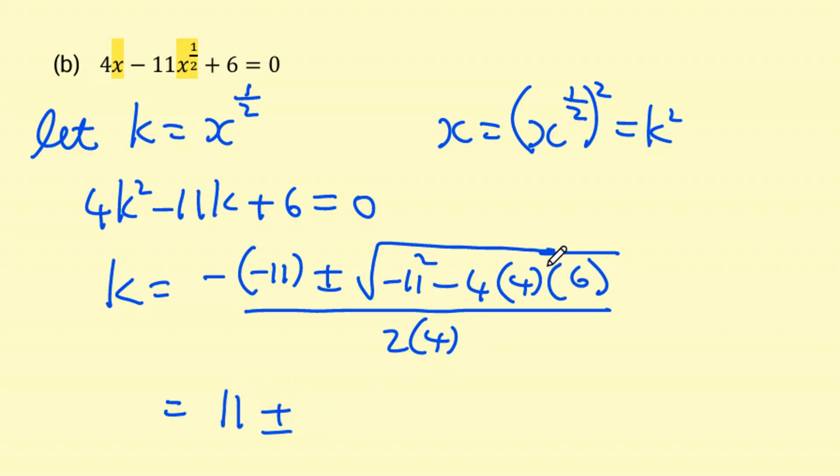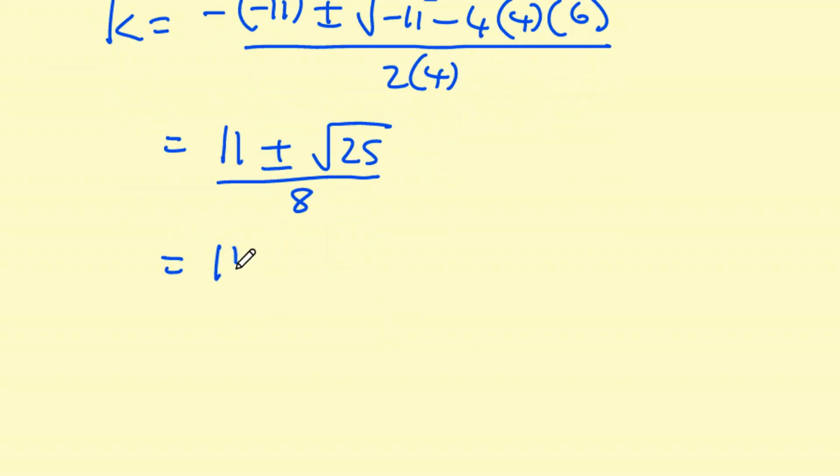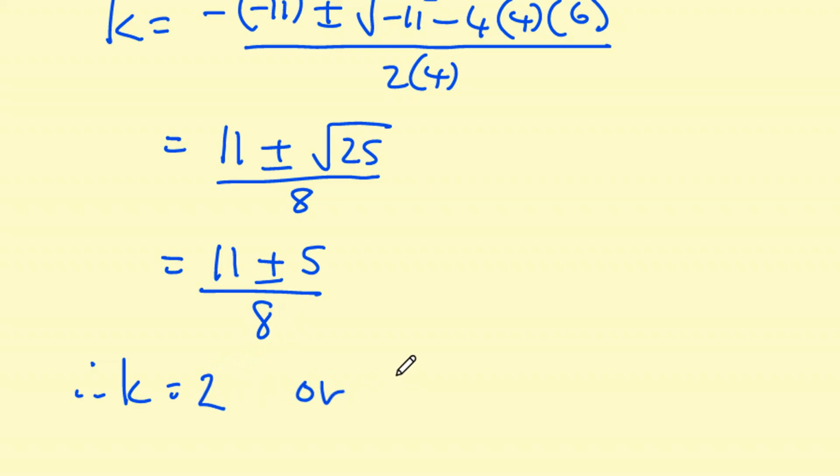We can use a calculator here and work out what's under the square root, and we find that it's equal to 25. We can simplify this. So k is 11 plus 5 all divided by 8, which is 2. Or k is equal to 11 minus 5, which is 6 over 8, and we can simplify this to 3/4.